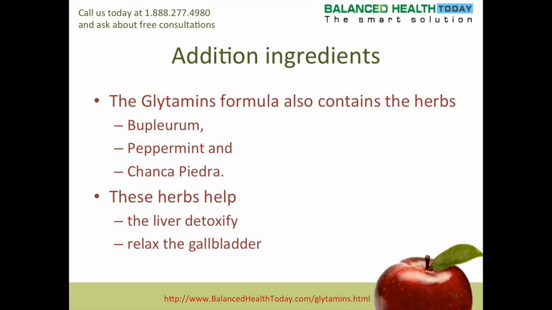The Glytamins formula also contains the herbs bupleurum, peppermint, and chanca piedra. These herbs are used to further help the liver detoxify and to help relax the gallbladder so that as the bile begins to flow, stones can pass out more easily.